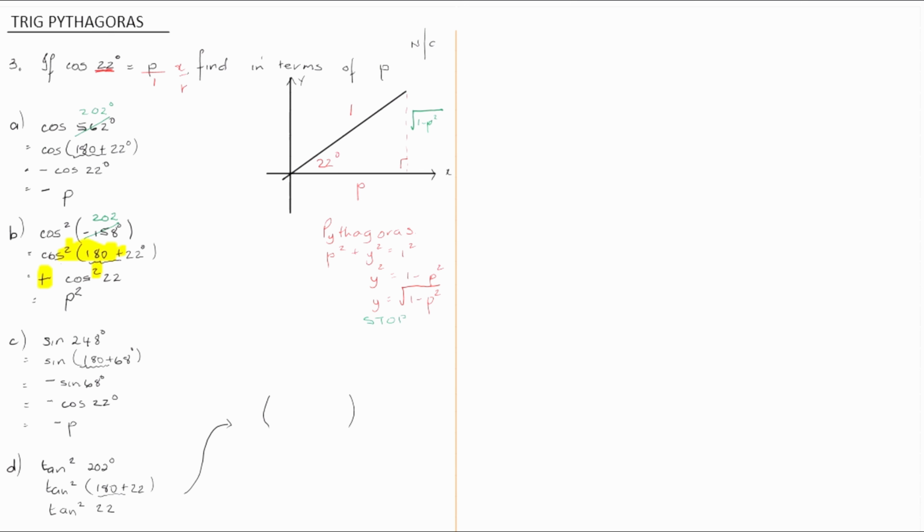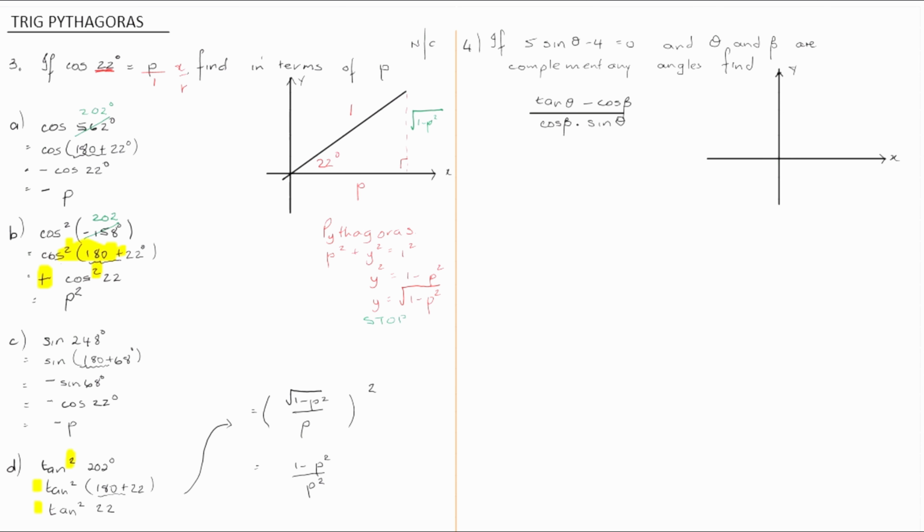Tan is opposite over adjacent, so it would be the square root of 1 minus p squared, all on p, all squared, which then gives us 1 minus p squared, all on p squared. And that's it. Let's just go back, pick up that we have a square, that it will always be positive, and reduce before you do anything else.